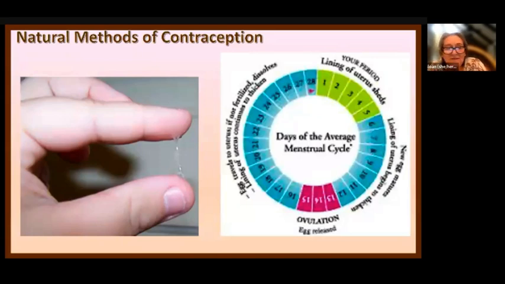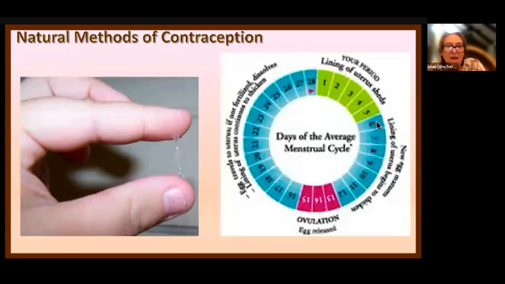The rhythm method is actually based upon your menstrual cycle. Again, here's that kind of sticky discharge that indicates that we are ovulating. But the idea is to chart one's menstrual cycle and, again, not have sex during the 3 days around ovulation.